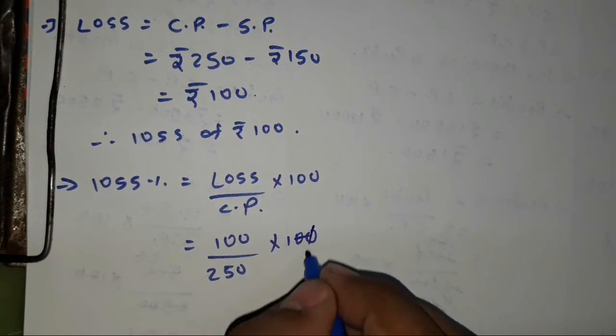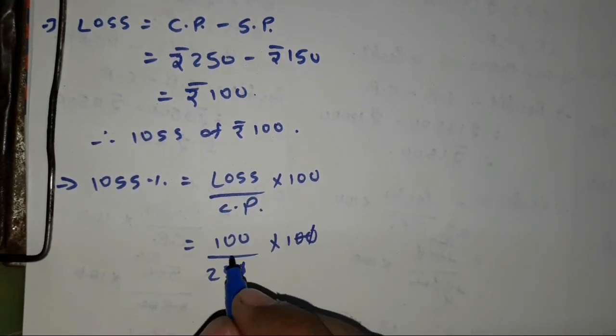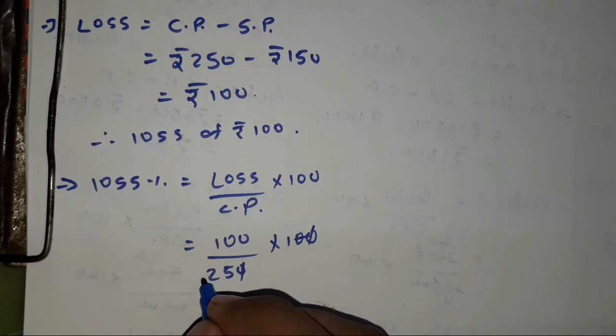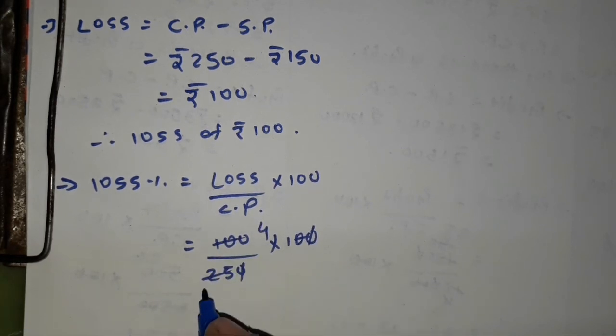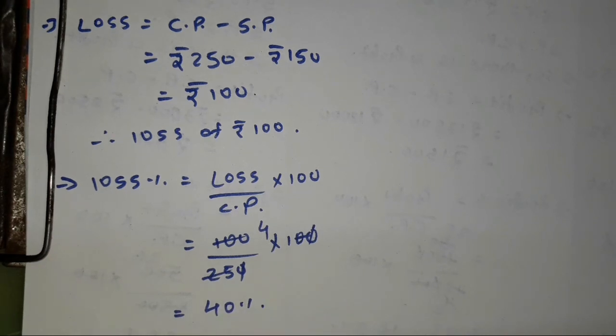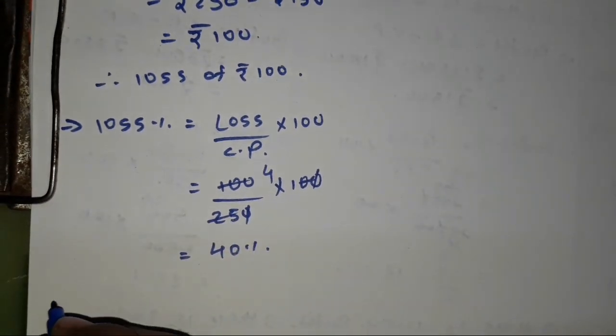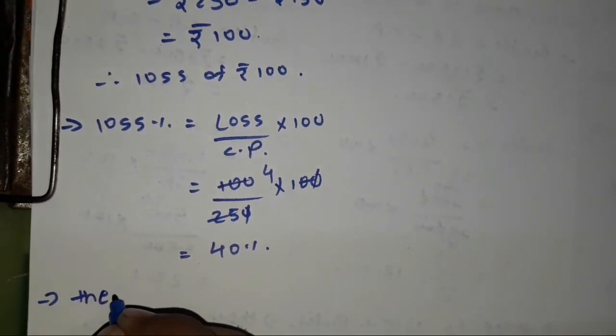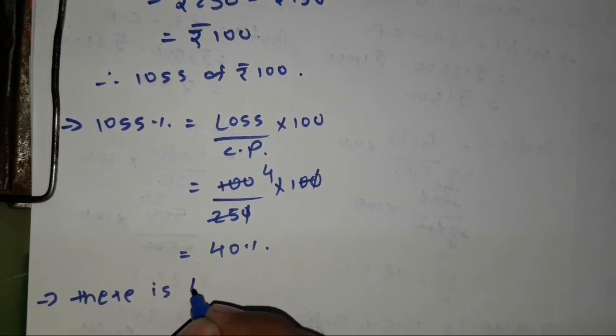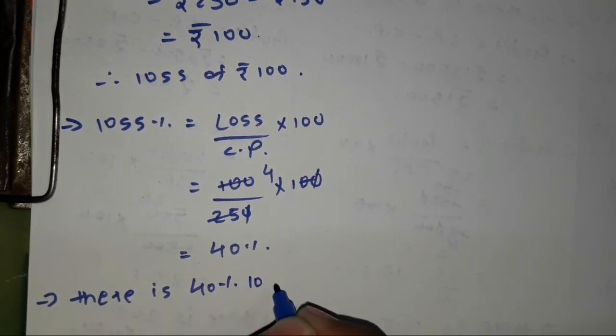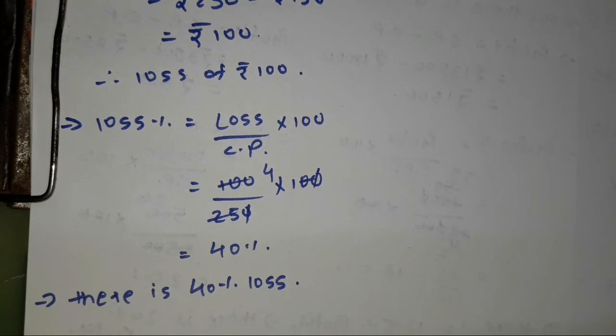So this zero will be cancelled. So 25 4s are 100. So 4 multiplied by 10, I will get 40%. So at last I can write the statement that there is 40% loss.